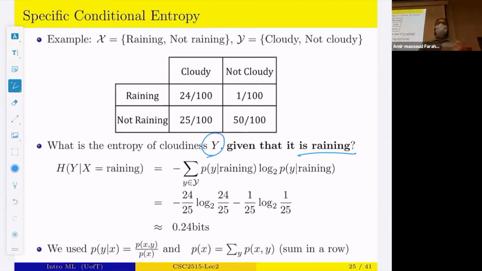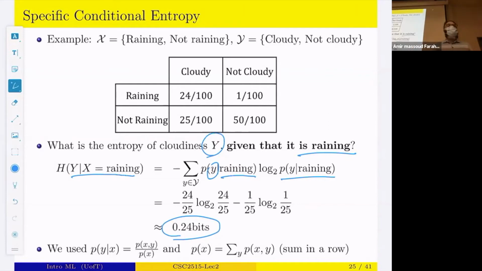The computation is straightforward. We just need to use the conditional probabilities. So the entropy of Y, given X being raining, is the sum of the probability of Y when X is raining times the log term. If we do the computation, we get that it's 0.24 bits.